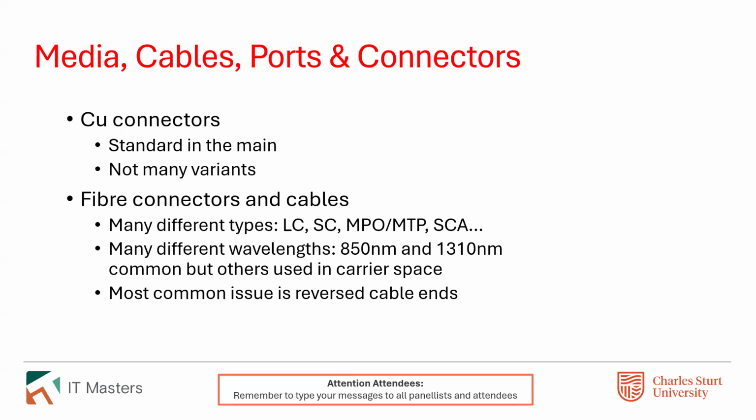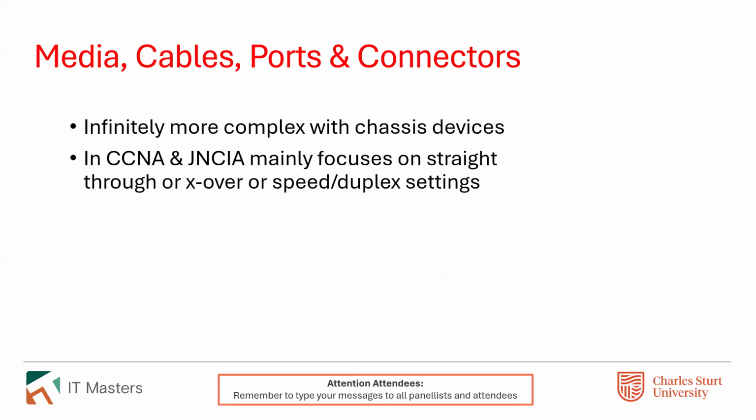Once we get into the chassis type environments though, and by chassis I mean anything bigger than what I'm going to call a pizza box device. A pizza box device looks like a pizza box, so it would typically have up to 48 switch ports on the front of it. Whereas a chassis device will typically look like a small bar fridge, or even a very large bar fridge if you work in a sufficiently large environment.